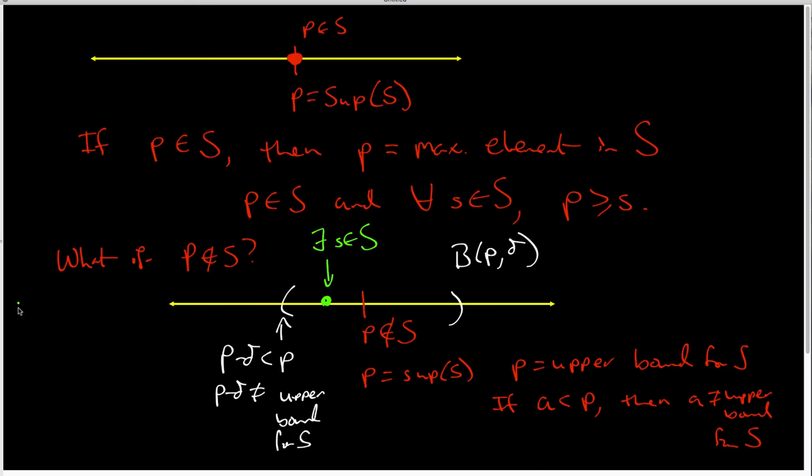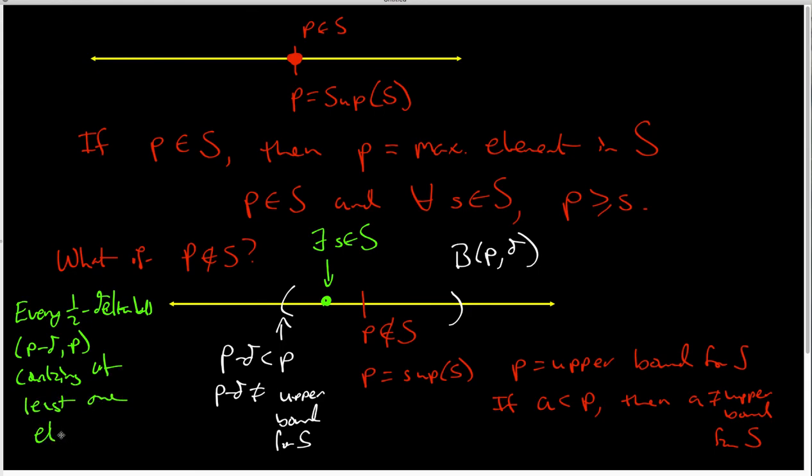This says every, let me think of it as a half delta ball of the form P minus delta up to P contains at least one element of the set S when P is not inside of S. That gives you some good ways of thinking about the supremum of sets.